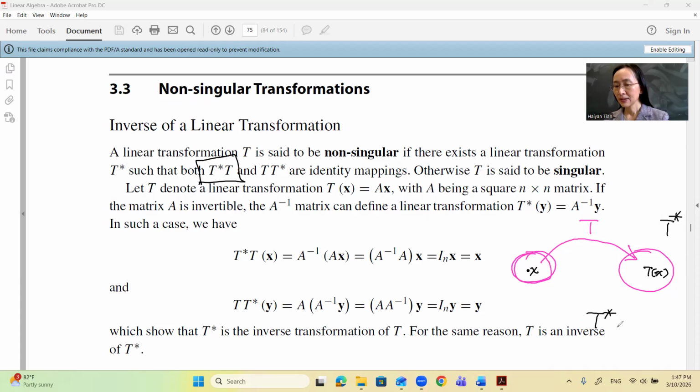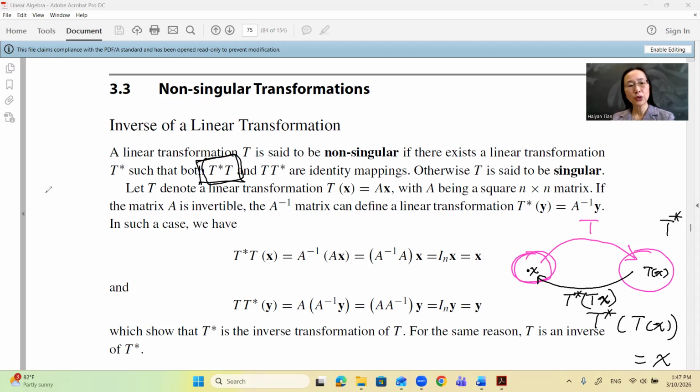T star after you apply T. So this is the mapping T star T, the composite mapping, and you get X. That is, applying T star results in X. After we get the image of X, that's T, so T star T will be equivalent to an identity mapping.